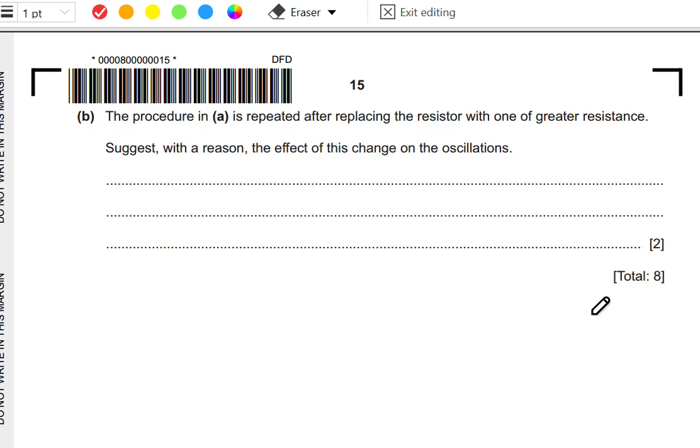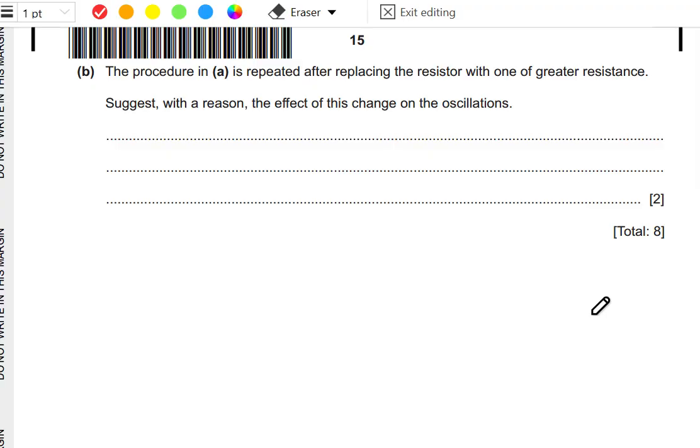The procedure in A is repeated after replacing the resistor with one of a greater resistance. Suggest with a reason the effect of this change on the oscillation.